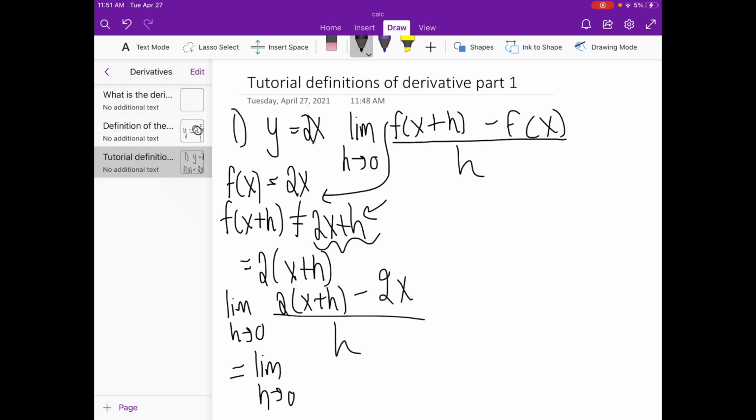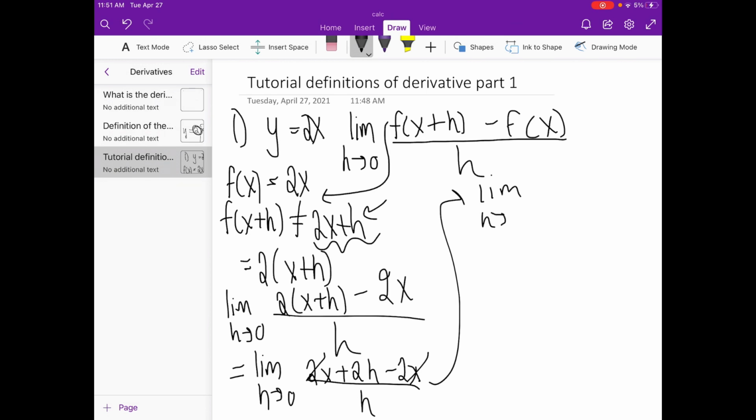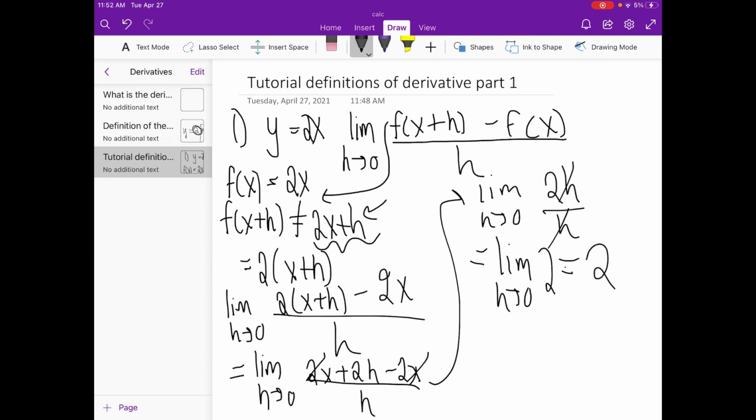And we're going to multiply some things out, and we end up getting 2x plus 2h minus 2x, because we multiplied that first part out, and we've got some cancellation. We get the limit as h approaches 0 of 2h over h. These cancel. So you just got the limit as h approaches 0 of 2. And since all the h's have canceled out, this is just 2.